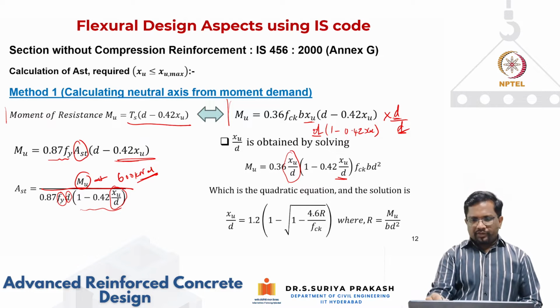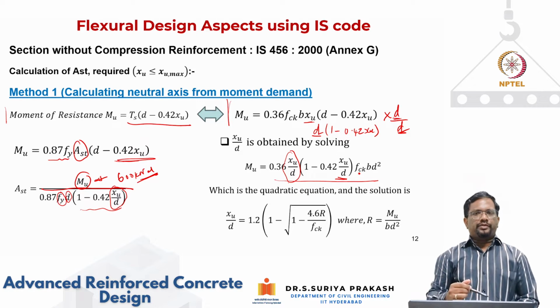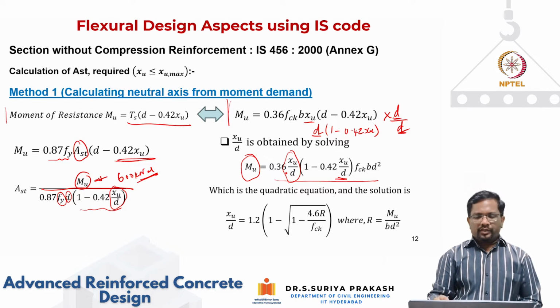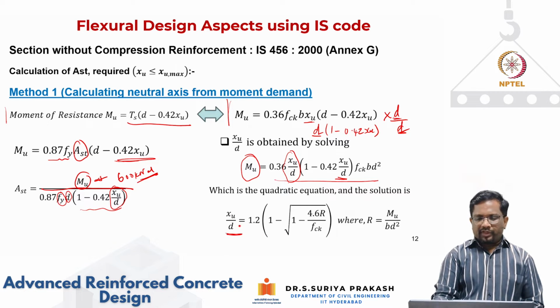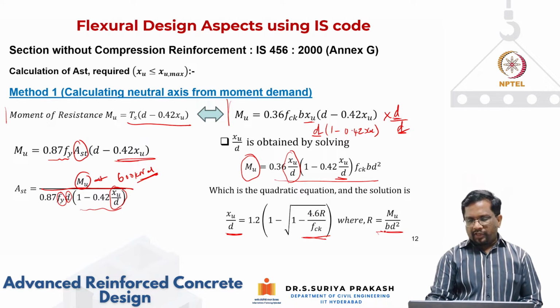When I take this Xu by d, this forms a quadratic equation. So for a particular moment demand, I can solve for this Xu by d, where the solution can be expressed in terms of this equation, which is one of the solutions, where R is Mu by bd square.